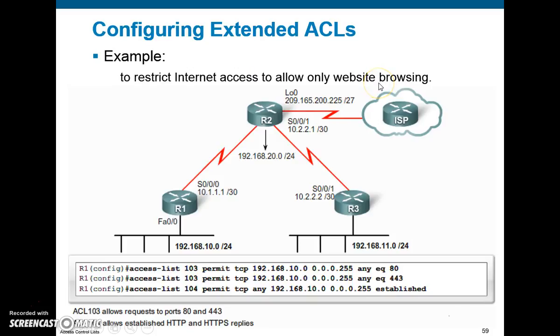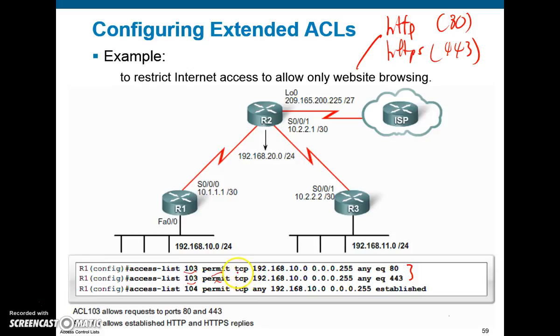For web browsing, the two protocols are HTTP and HTTPS. This is port 80, this is port 443. So here I created access list 103. These two access list entries belong to the same group. So access list 103, I'm going to permit.